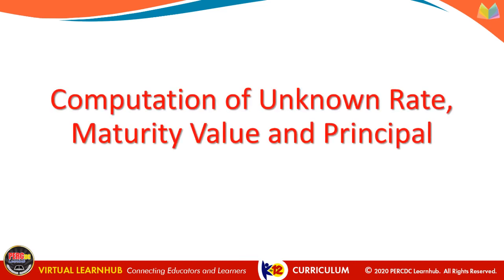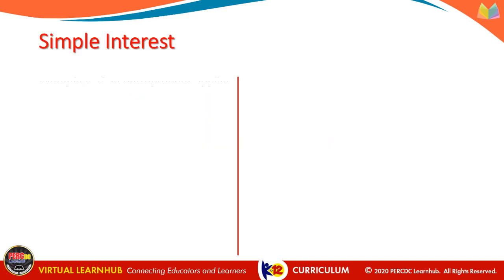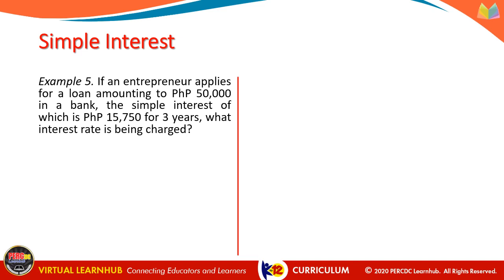In the next examples, we're going to have computation of unknown rate, maturity value, and principal in simple interest environment. Example number 5. If an entrepreneur applies for a loan amounting to 50,000 pesos in a bank, the simple interest of which is 15,750 pesos for 3 years, what interest rate is being charged?